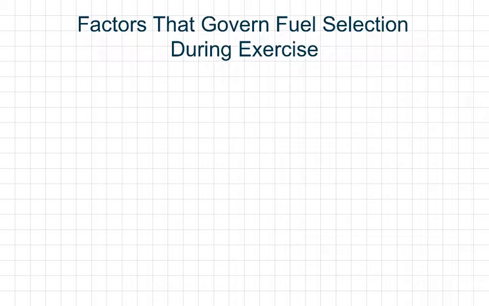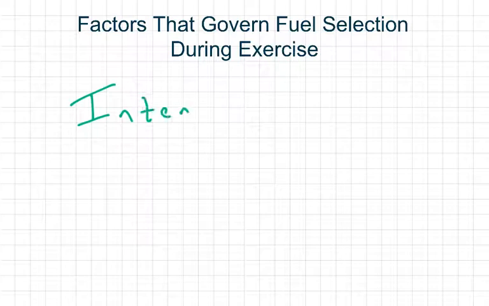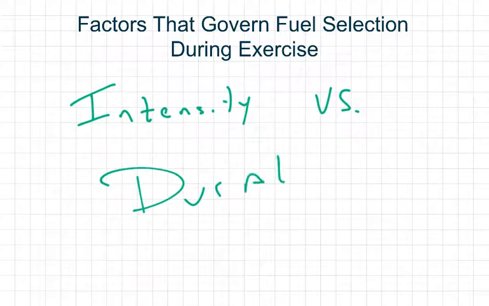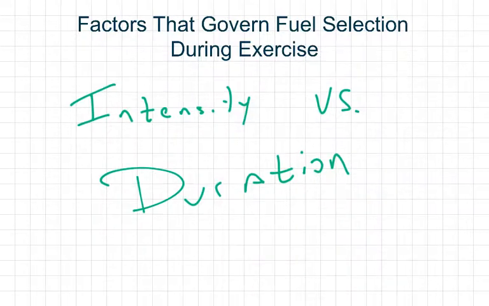Now, when we look at the factors that govern fuel selection during exercise, and we've introduced this concept a few times, it all comes down to intensity versus duration. And so, again, let's go back to one of the charts that we discussed in one of the previous videos.